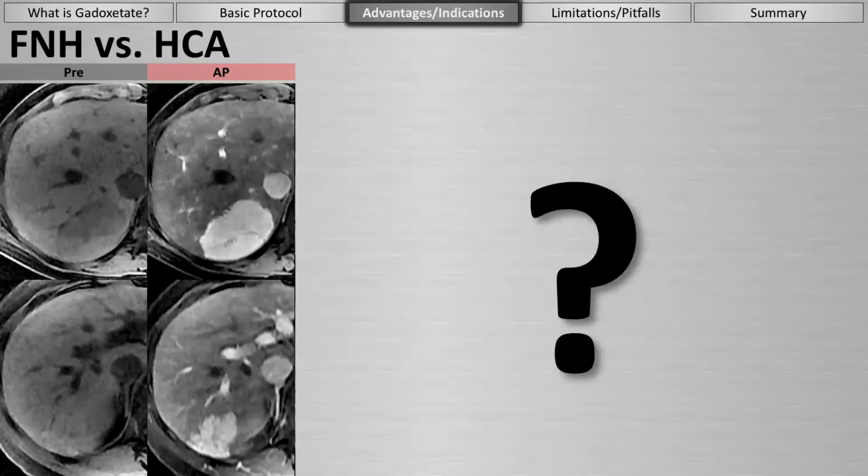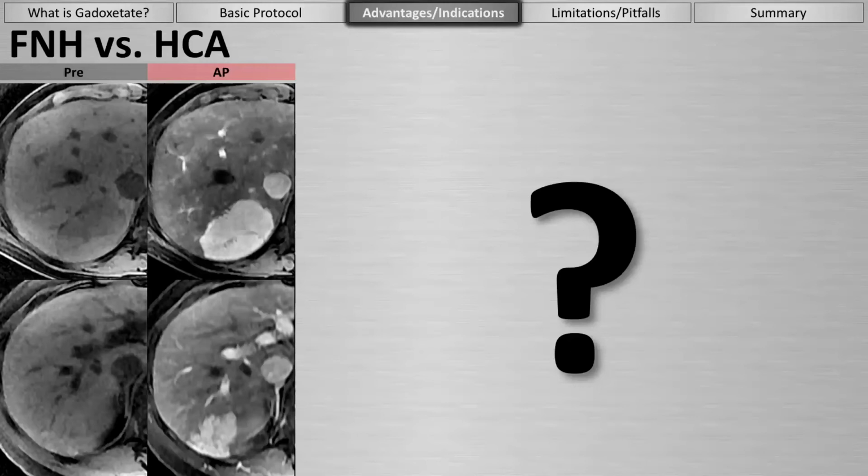Now, another indication for gadoxetate disodium is to differentiate focal nodular hyperplasia versus hepatocellular adenoma. Focal nodular hyperplasia is a benign tumor that essentially never hemorrhages and never becomes malignant. Hepatocellular adenoma is a benign tumor that sometimes becomes malignant and sometimes hemorrhages and can kill the patient due to exsanguination.